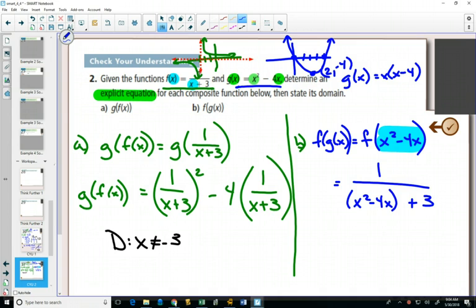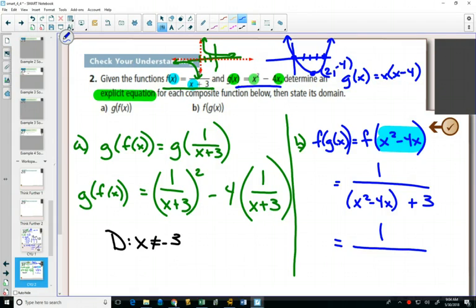Now to figure out my domain here, I'm looking throughout all my equations. Notice in the first line, there are no non-permissible values here. There's nothing that's not allowed. But here, in the second part, I could be dividing by 0. How would I find the numbers that might be there on the bottom that would divide by 0?